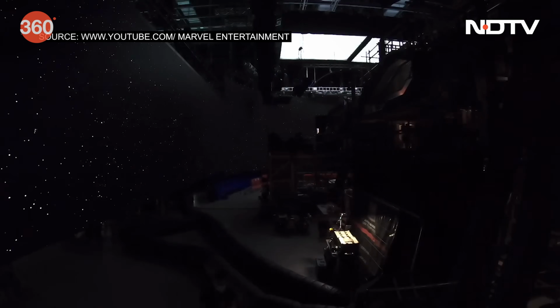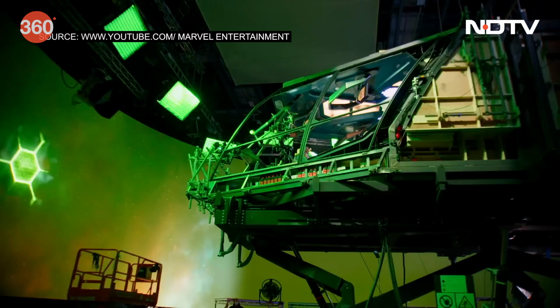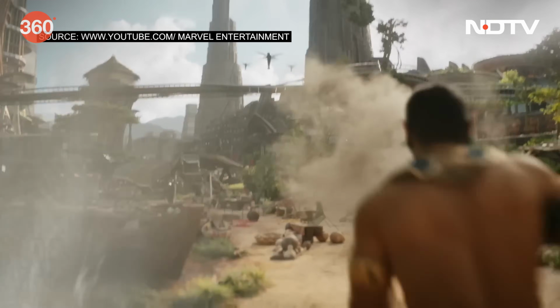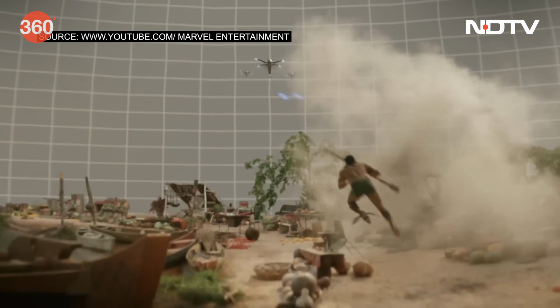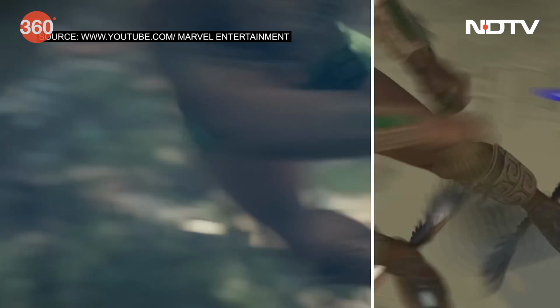But I think the best example would be Hollywood films like Avengers, the Hulk, where the character does not exist in real life and could only be created in computer-generated imagery.